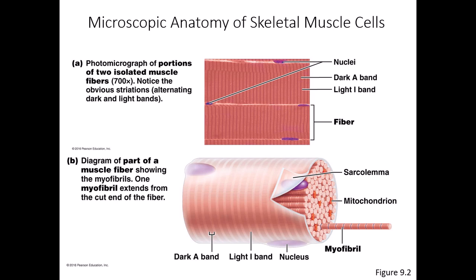So you're looking at one muscle cell surrounded by the sarcolemma, which is like the plasma membrane. And then you see within that one muscle cell, many myofibrils. And then they pull one out so that you can sort of see the sarcomeres on it. And notice along a single myofibril, there are many sarcomeres kind of lined up end to end to end to end.